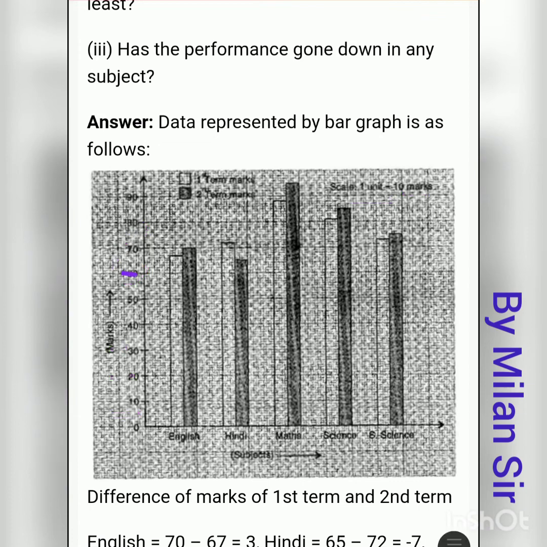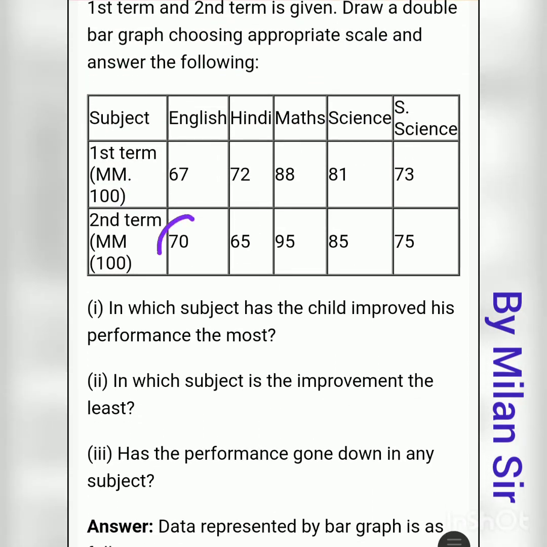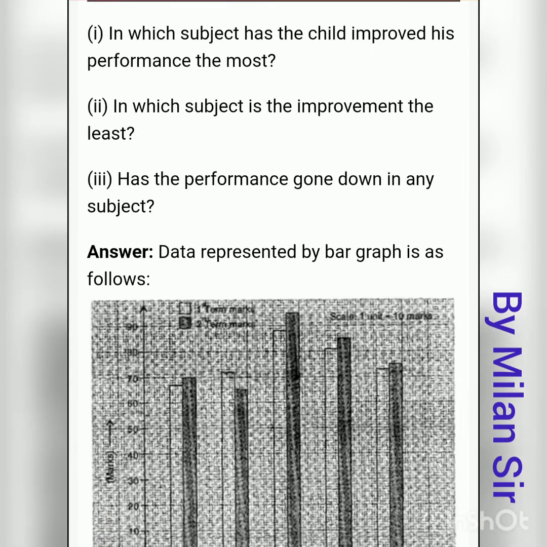So the 7th line represents 67 for the first term, that means the blank portion. After that we need to represent 70 for the second term. So for 70 we represent up to 70, and we fill this portion for the second term.